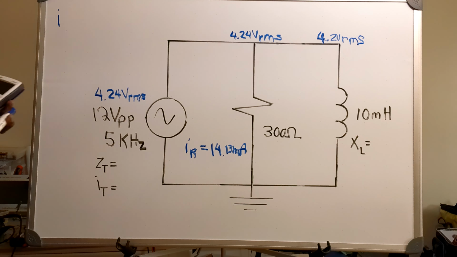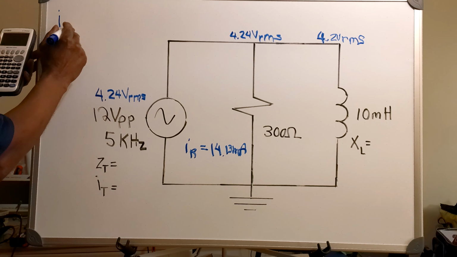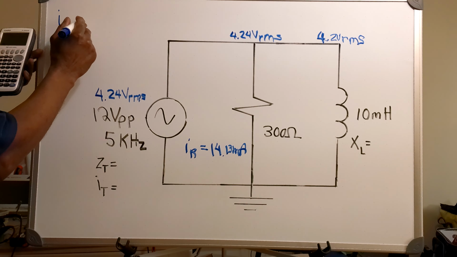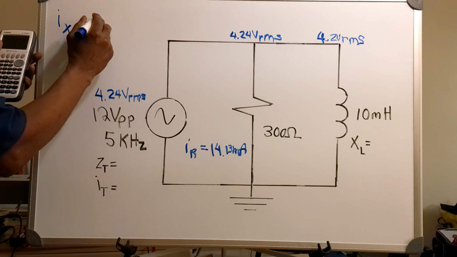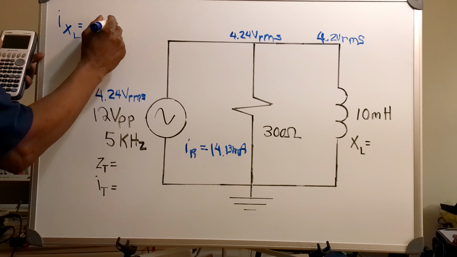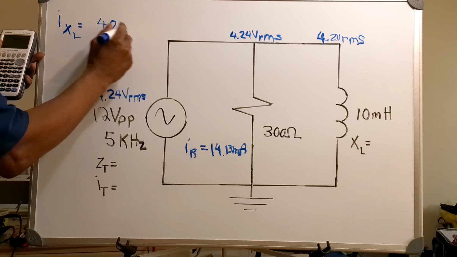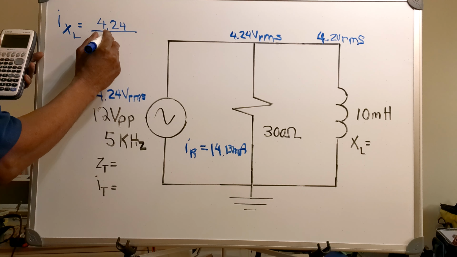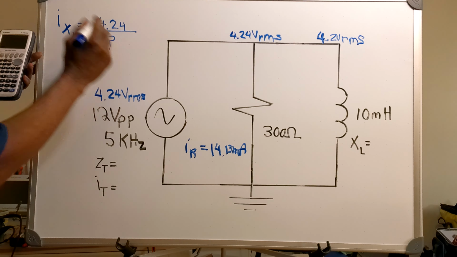Now I will find the current that's going to be flowing through my inductor. Now my current will be 4.24 volts over something.